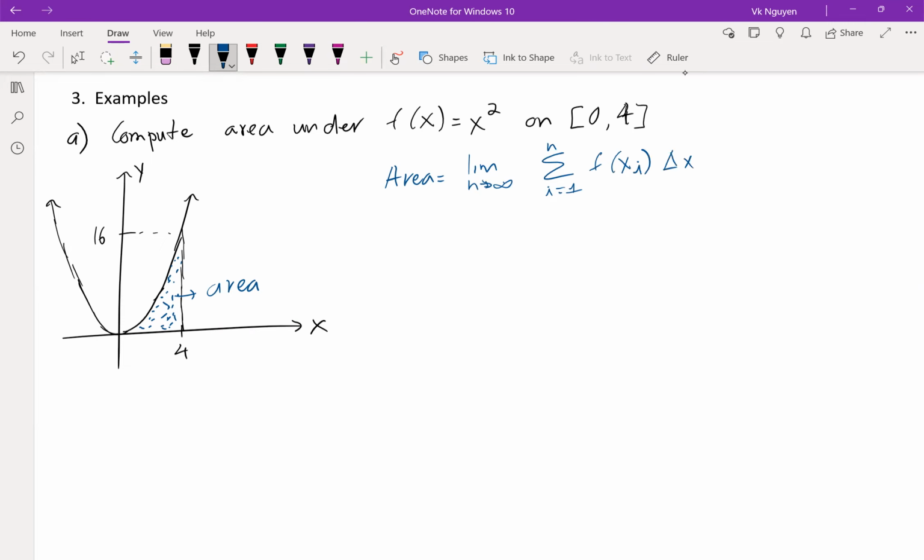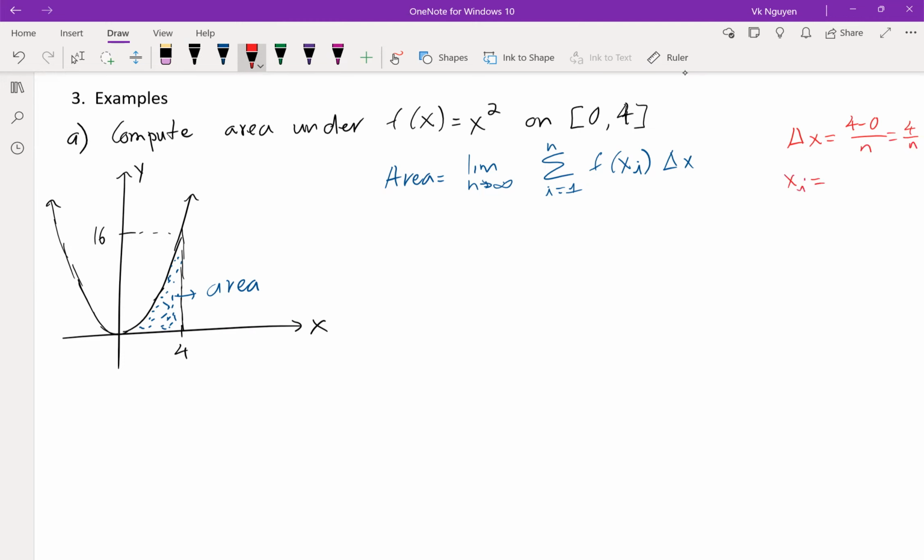We've got to figure out what delta x and f of x sub I are. Delta x is 4 minus 0 over n. So that's 4 over n.